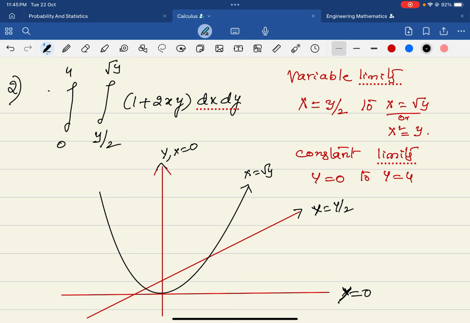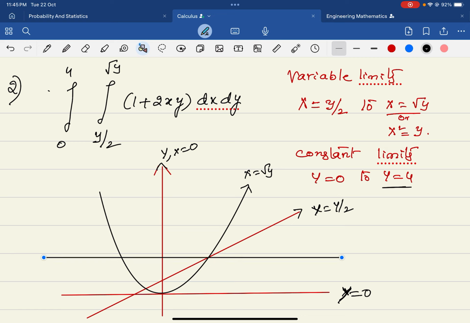And what else you need? Y is equal to 4 is there. Now this also we need. So let us write down what y is equal to 4 means. It should be somewhere here. All of them should intersect, otherwise it will not be a region, correct?